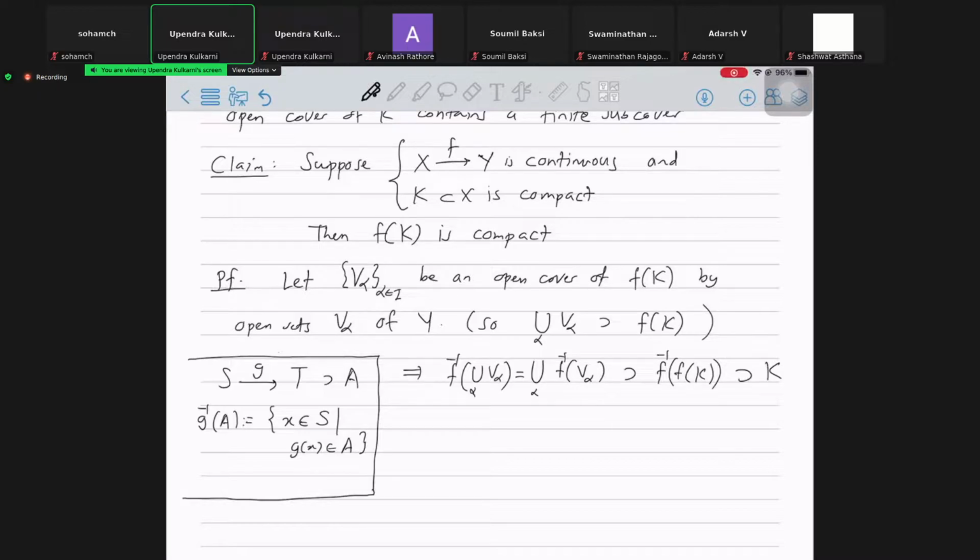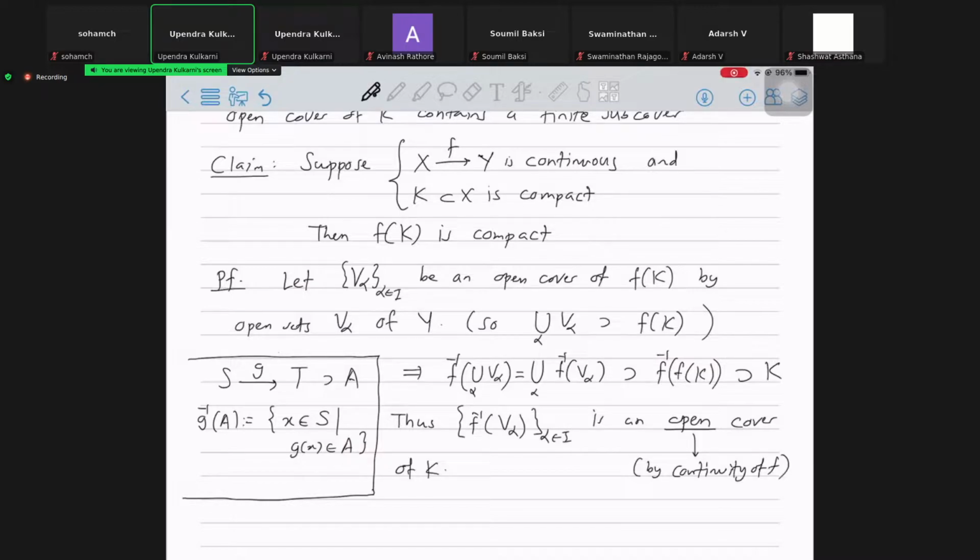Thus, f inverse of V alpha is an open cover of K. I will just say open by continuity of f.